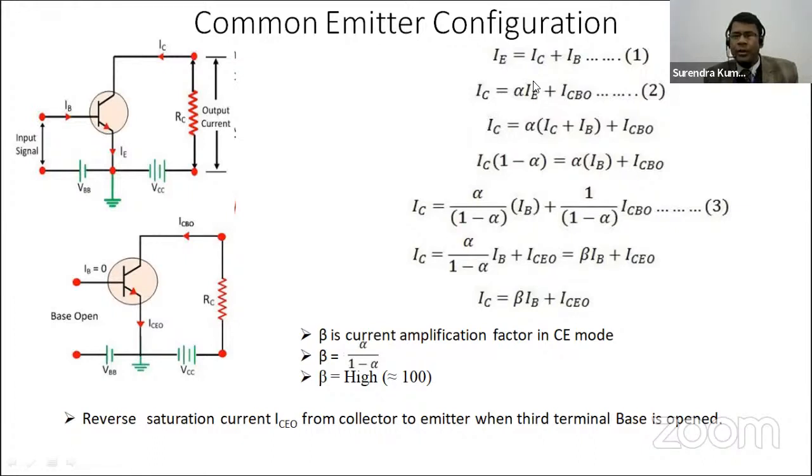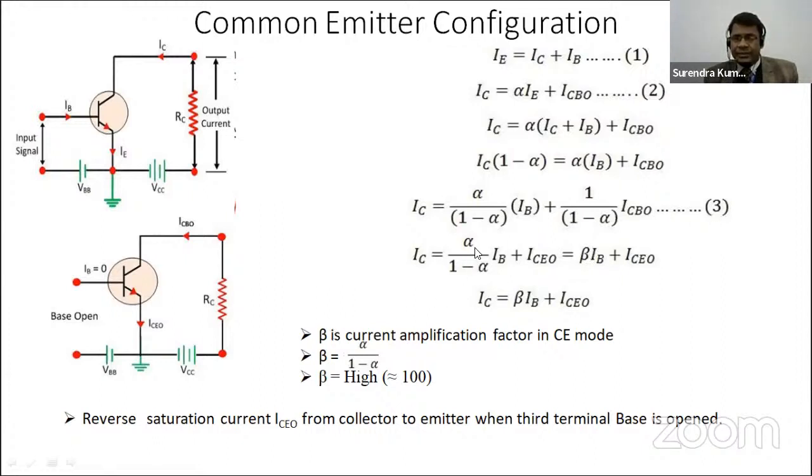We don't want emitter current in this expression, so we can replace this emitter current in terms of IC plus IB. So IC times 1 minus alpha will be equal to alpha IB plus ICBO. Finally this expression can be written as IC equals alpha over 1 minus alpha times IB plus 1 upon 1 minus alpha times ICBO.